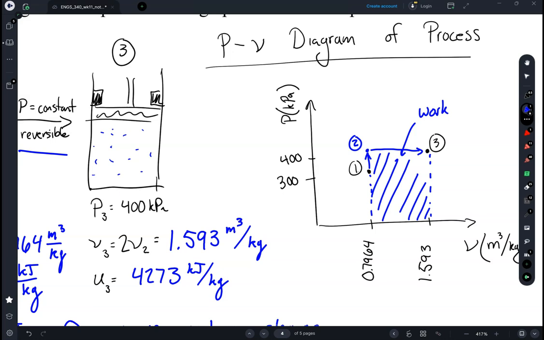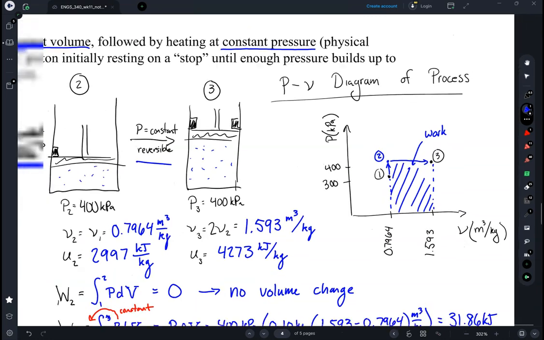The reason that first step between 1 and 2 has 0 work is because there's no volume change. There's no movement in the boundary of the system, so we don't have any work. On this graph, it's a vertical line, so there is no area under that. There only is under that second part.